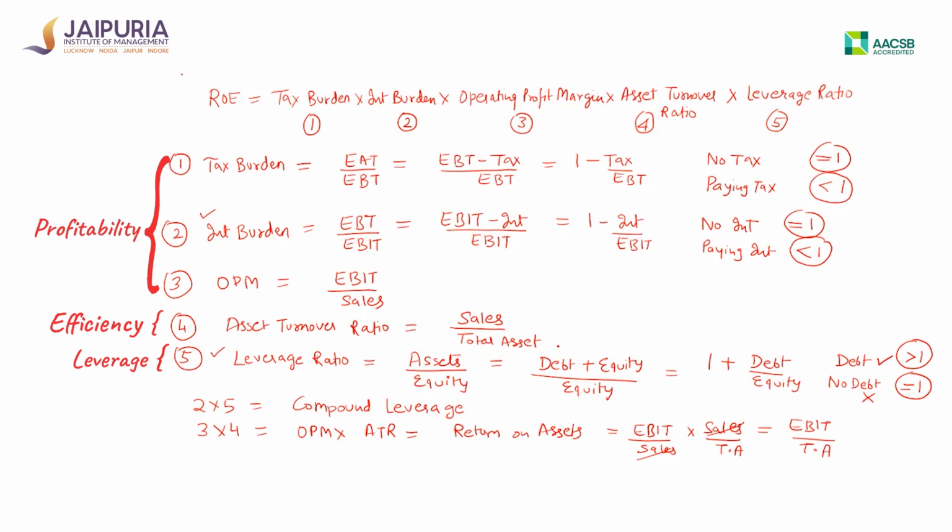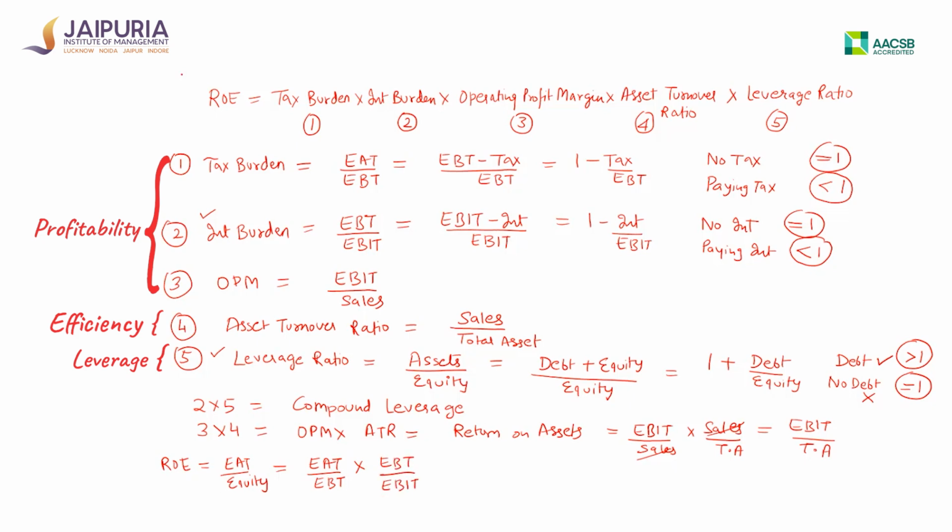Now let's write down the formula for ROE, return on equity. The return for equity is EAT upon equity. As I've already mentioned all the parameters, we start with EAT in the numerator: EAT upon EBT, that is the tax burden ratio. Then I don't want EBT, so I put it in the numerator, divided by EBIT.